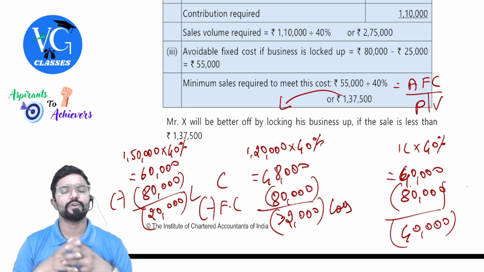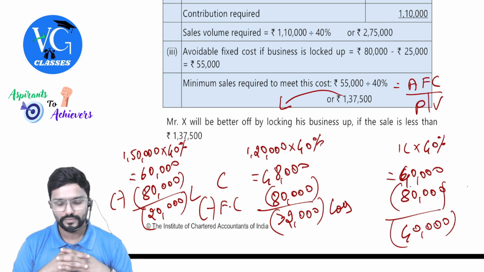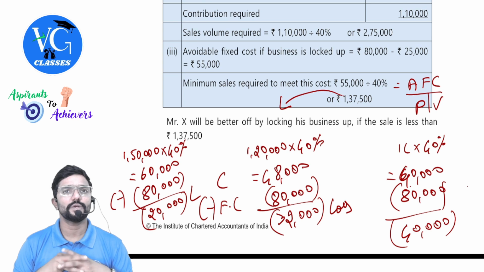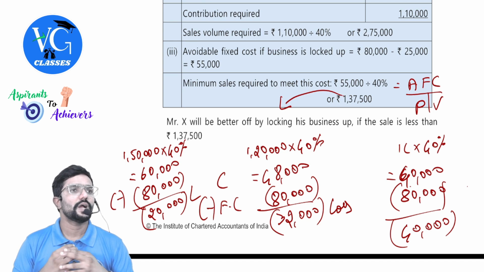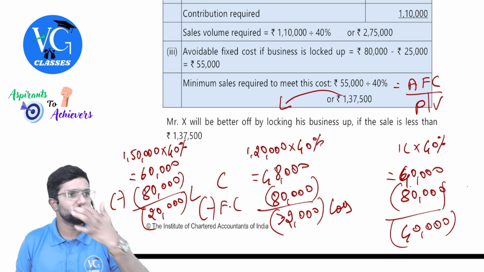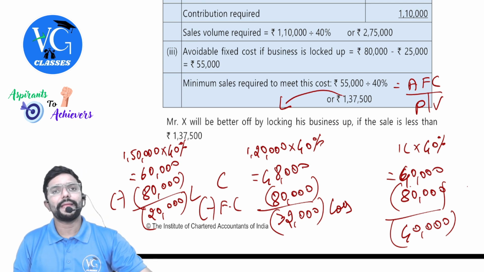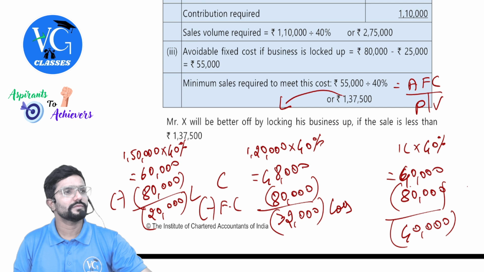Shutdown point is equal to avoidable fixed cost divided by PV ratio.